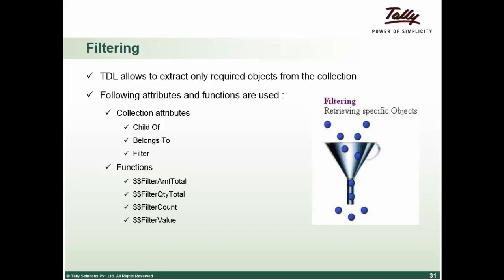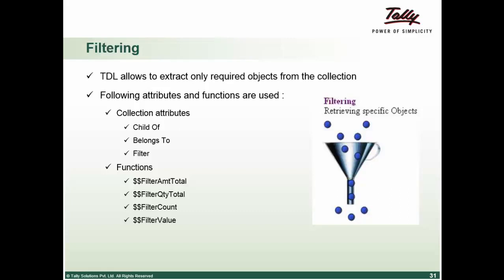The child of attribute helps to control the display of the contents of a collection. It retrieves only those objects whose direct parent is the string specified in the parameter. So when we write type colon ledger and we give child of group sundry debtors, it will retrieve only those ledgers which are directly under sundry debtors.